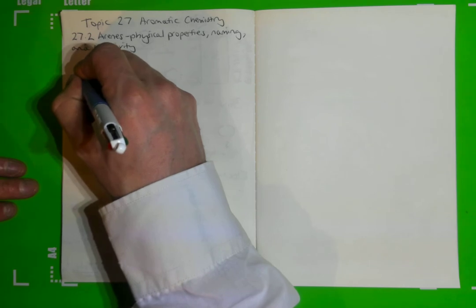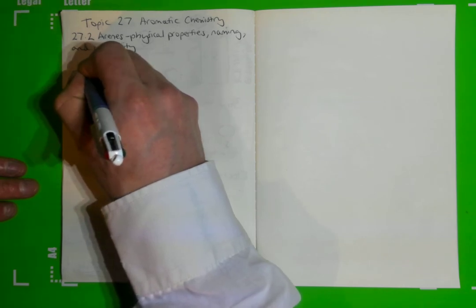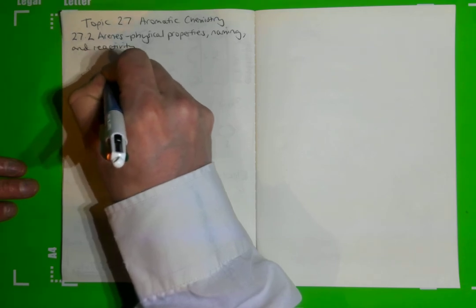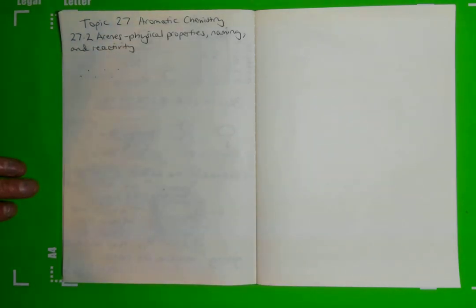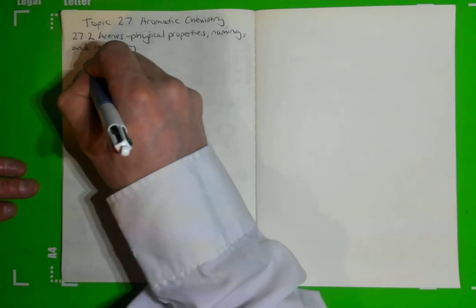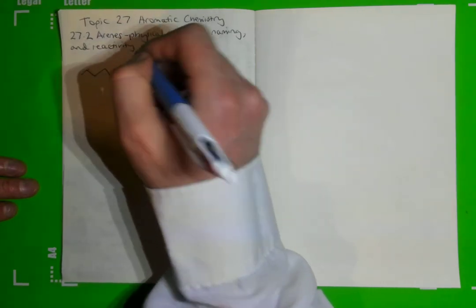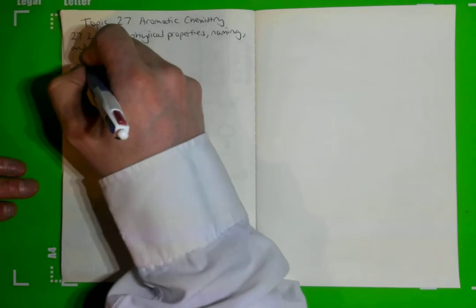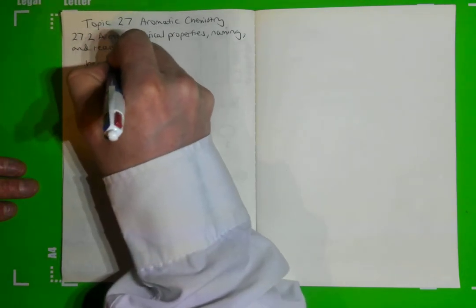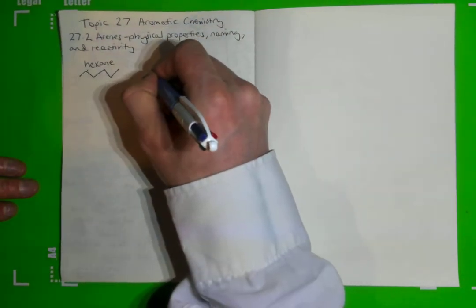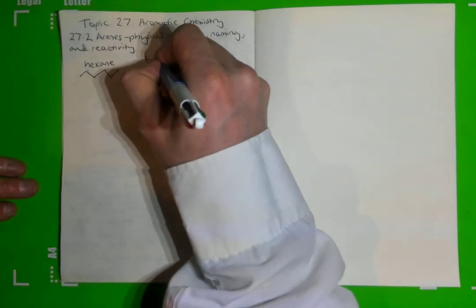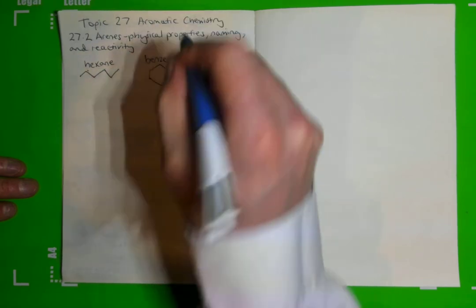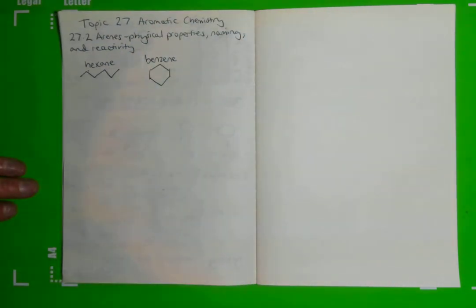So we have hexane here. So this is hexane, it's got 6 carbon atoms. So 1, 2, 3, 4, 5, 6. We're going to go for the skeletal formula here. So this is hexane. And here we have benzene. So both benzene and hexane are very similar sized molecules.